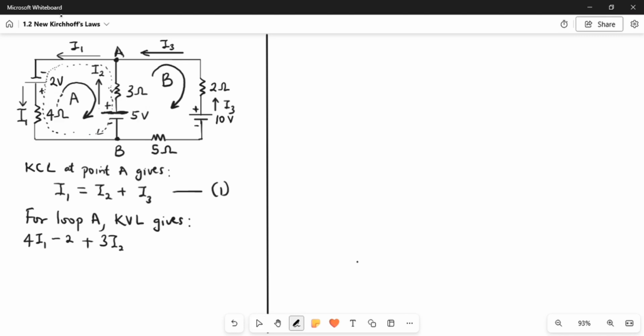So our potential here is going to be negative. So say -5, all equal to 0. We simplify this further. That gives us 4i1 plus 3i2 -2 minus 5 is -7 equal to 0, which gives us 4i1 plus 3i2 is equal to 7. Let's call this equation 2.